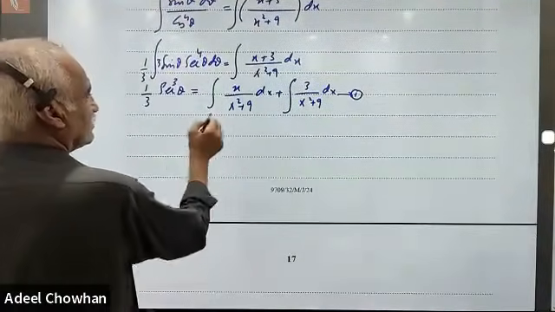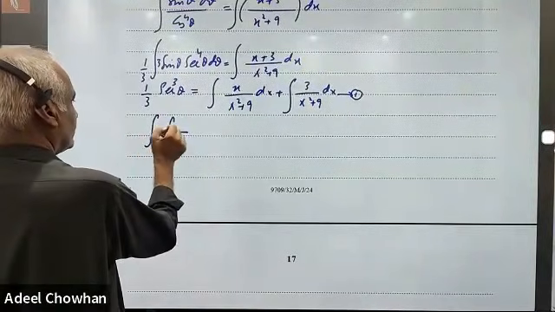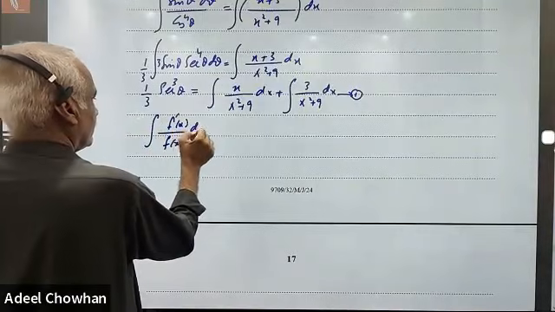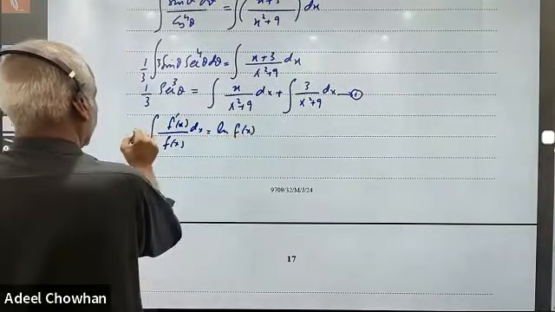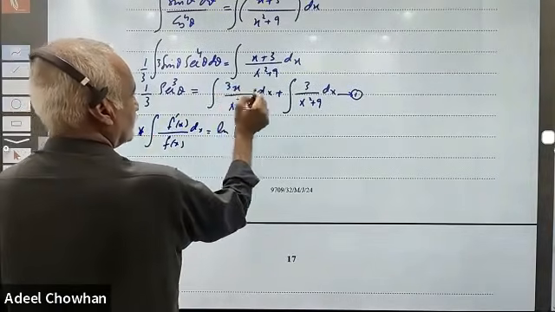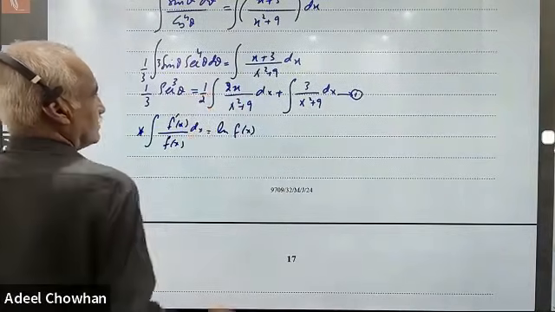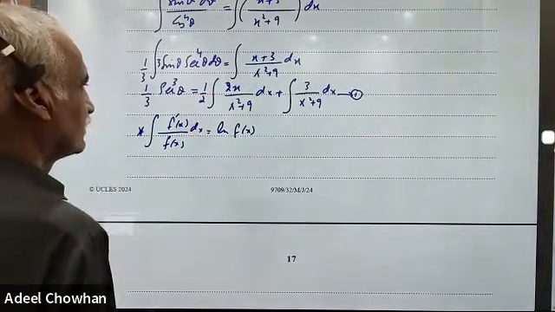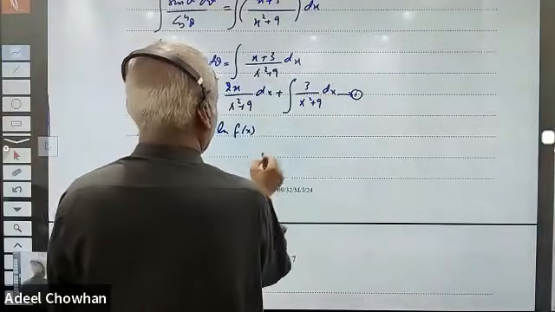But we know that if the derivative is in the numerator and the denominator is the function, then the integral should be ln of that function. So you multiply by 2 and divide by 2 there, because the derivative of x square is 2x. The second part is 3 over x square plus 9.